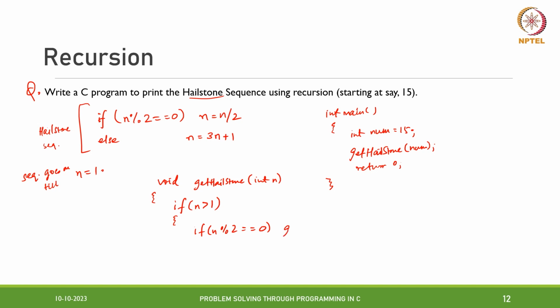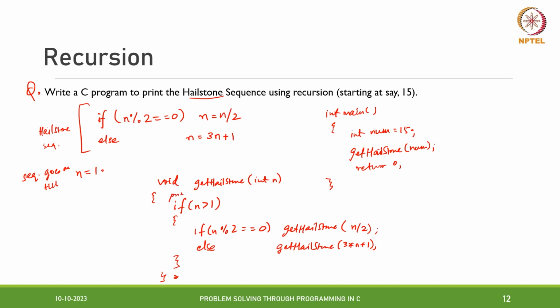So I will just call get hailstone directly with n by 2. And if it is an odd number, I'll call get hailstone with 3 into n plus 1. And that's all. Oh, okay, the printing step. We have to do the printing step. The last one will be n equals 1, that's why the sequence goes till n equals 1.